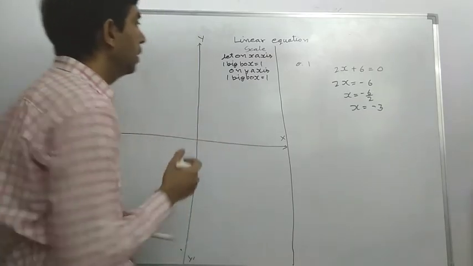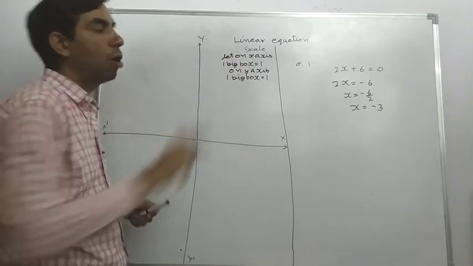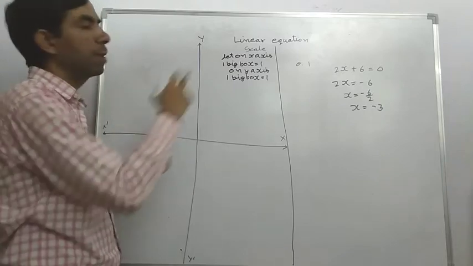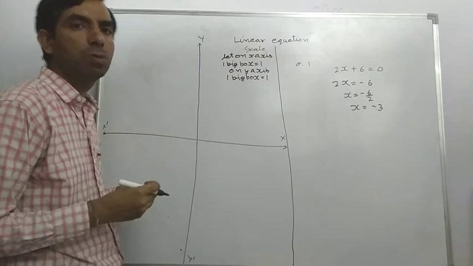So we represent it. Here I suppose one big box is equal to 1 because our number is small. For small numbers we normally suppose one big box is equal to 1. If the number is higher, then we suppose one big box is equal to 10.